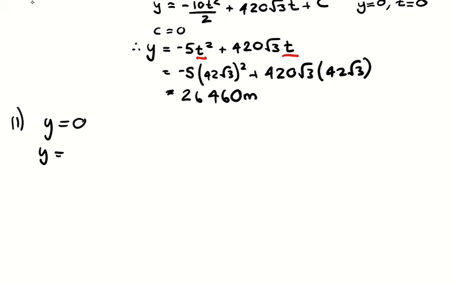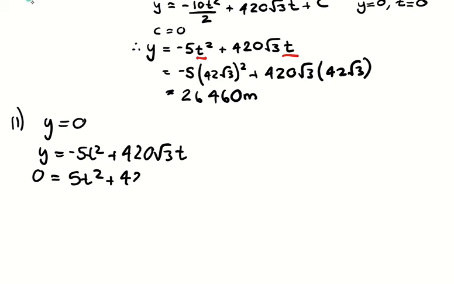I know that y from my previous question is equal to this. Solve that equal to 0 and rearrange for t. The best way to do this, I have 2 values with t in both, so factorise out a t. Oh sorry, this is negative, so I'm going to factorise a negative t out just to make my life a bit easier.